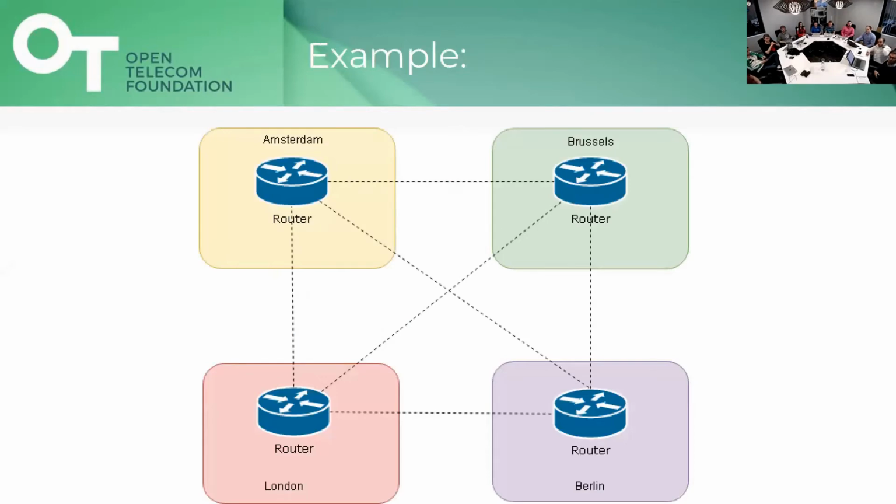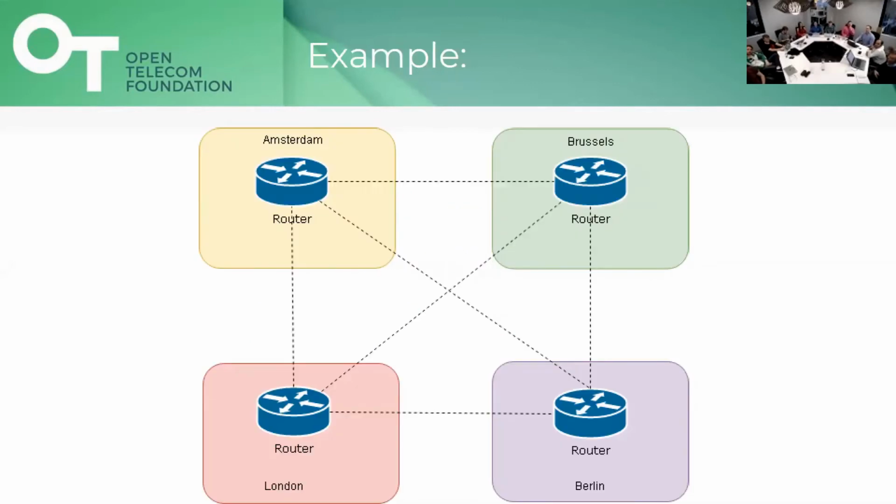So let's take this example network diagram. Four POPs, I went out from a European situation: Amsterdam, Brussels, London, Berlin. Let's say this is all connected by MPLS or private VLANs between all POPs, and every POP is connected to at least two other POPs.